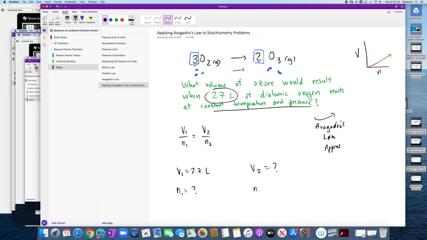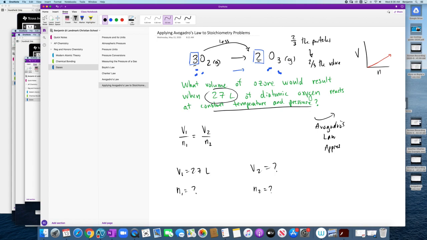But we do know something important. As the reaction progresses, we're going to have fewer particles. In fact, we're going to end up with 2/3 the particles at the end. So 2/3 the particles means we're going to have 2/3 the volume.